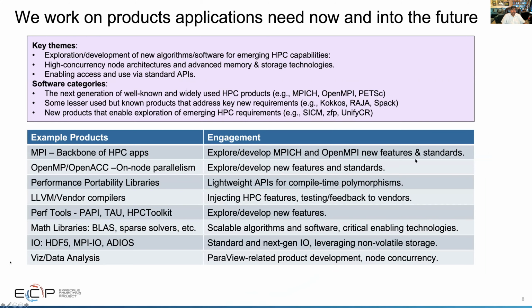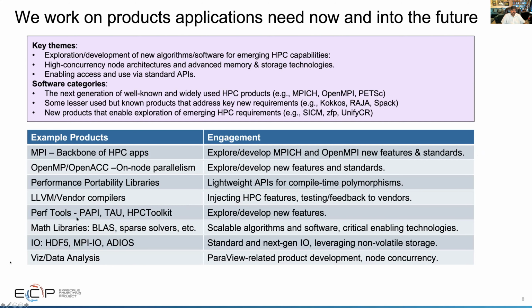For example, for MPI, which forms the backbone of HPC applications, we have MPICH and OpenMPI. For OpenMP and OpenACC, we have tools with LLVM. We have projects such as SOLLVE and Proteas Tune that are leading the development of these standards. We have performance portability libraries.